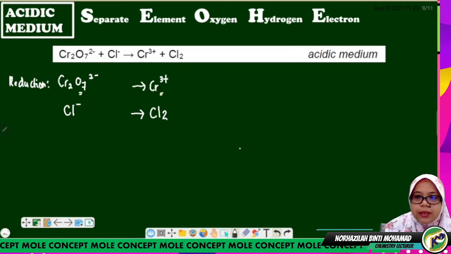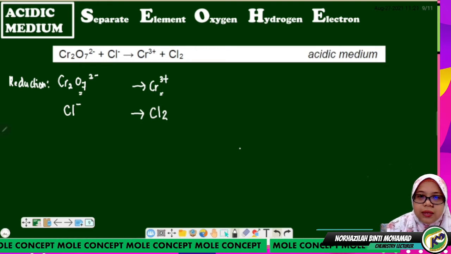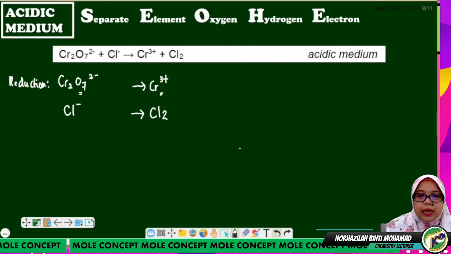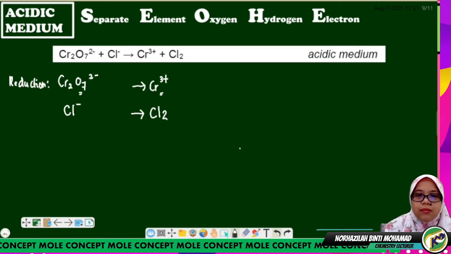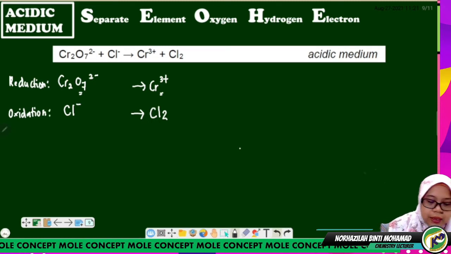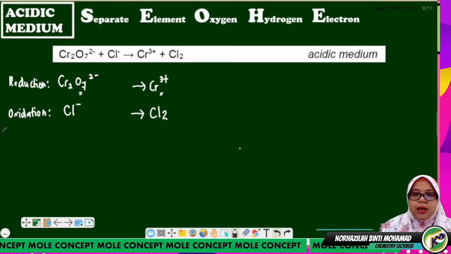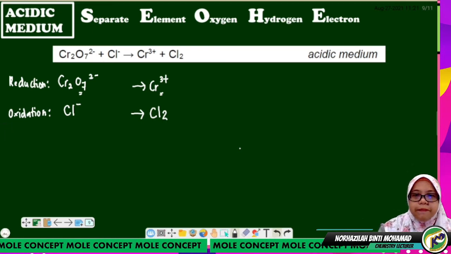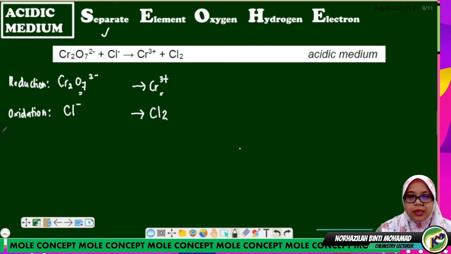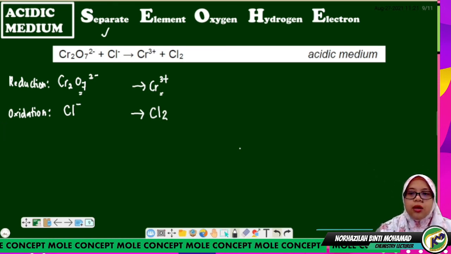The oxygen has been lost from Cr2O7 and it becomes Cr3+. That automatically makes Cl- to Cl2 the oxidation reaction. So we have completely separated the equation into reduction and oxidation.